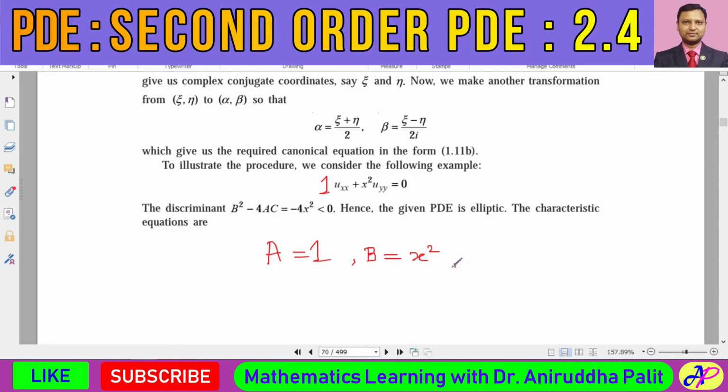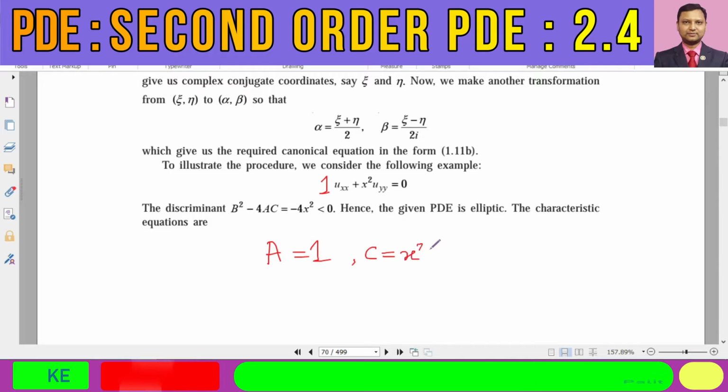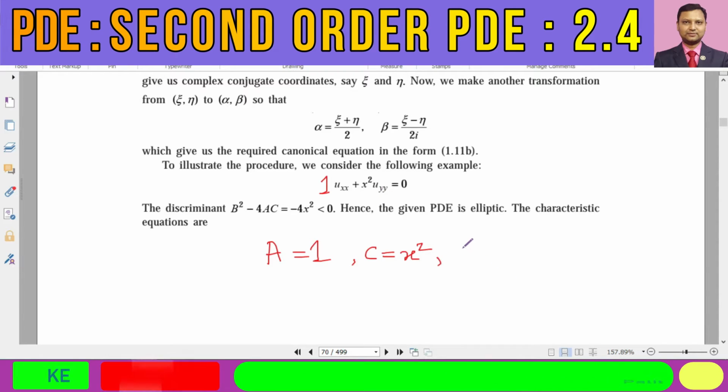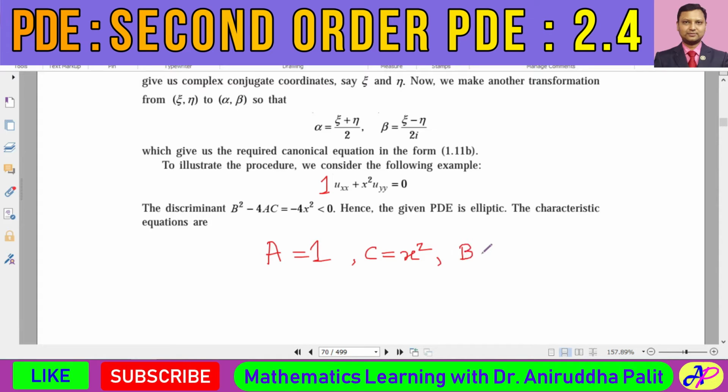Sorry, I made a mistake, it is capital C that is equal to x square, since this is the coefficient of uyy, and no other non-zero term is there. So we can say that B is equal to 0.